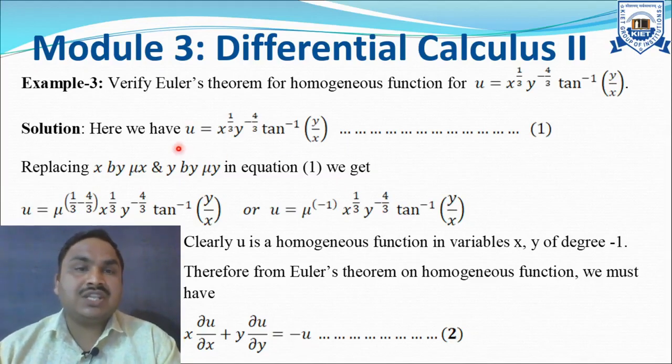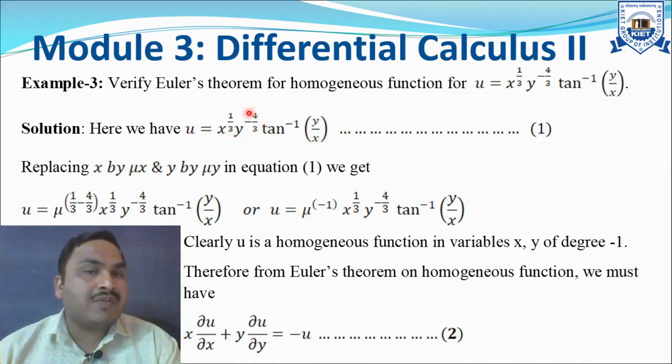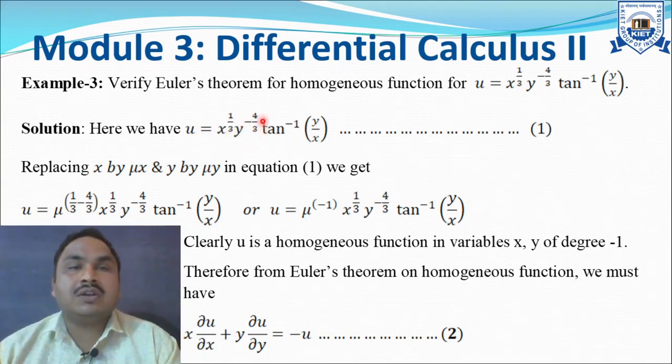For this we differentiate equation 1 partially with respect to x. If we differentiate it partially with respect to x, y raised to the power minus 4 by 3 will be constant, so it will not be differentiated as it is in product form. So we need to differentiate x raised to the power 1 by 3, which is in product with tan inverse y over x.